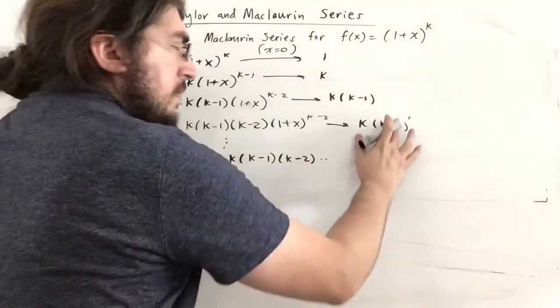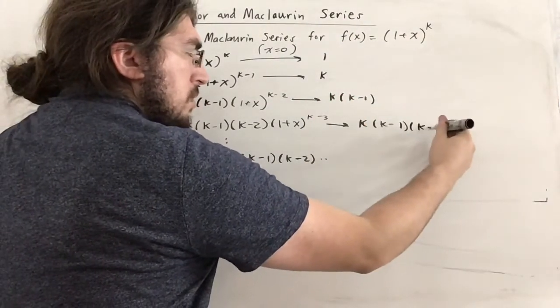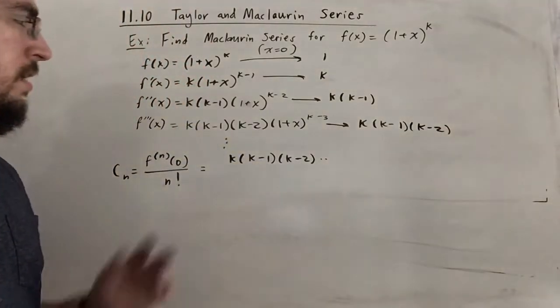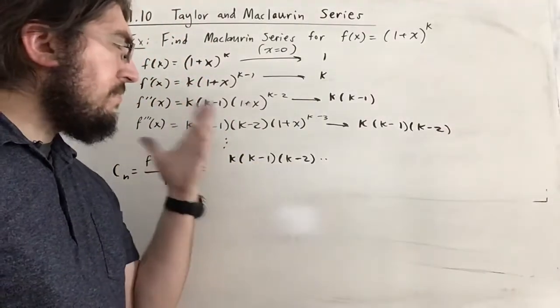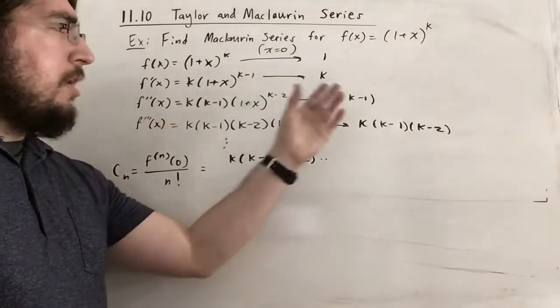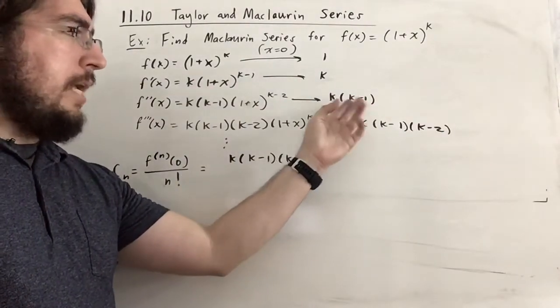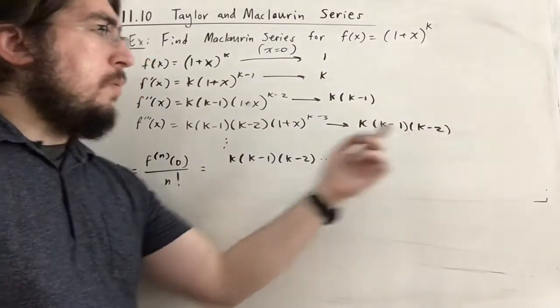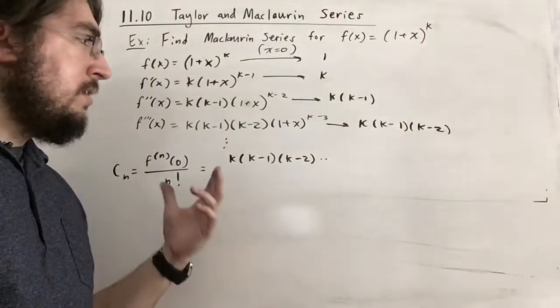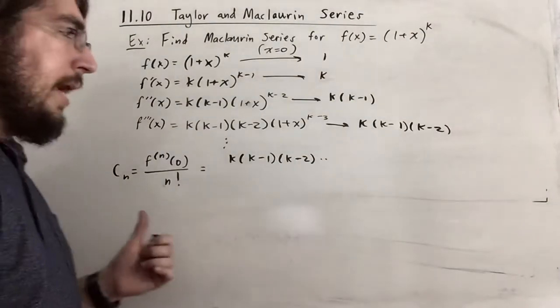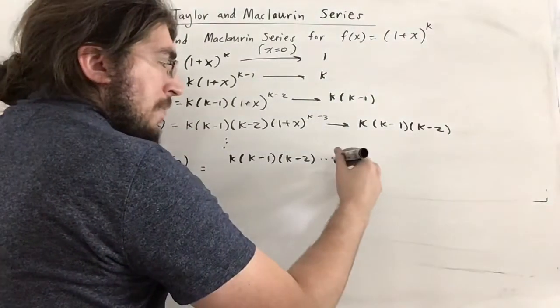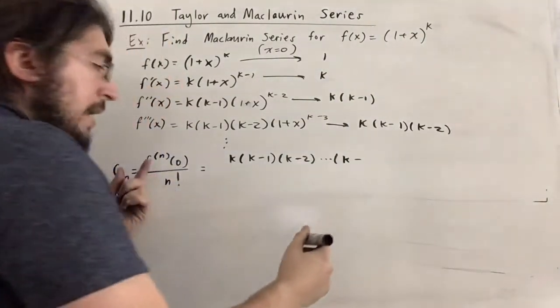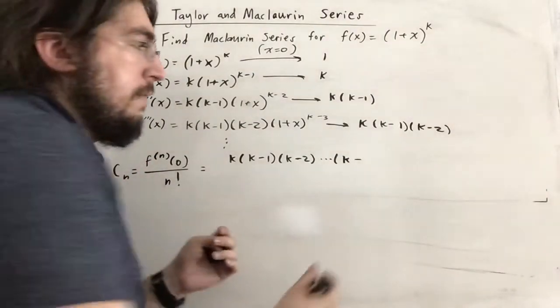This, by the way, should have been k minus 1, k minus 2. I made a mistake there when I wrote that because of these three, okay? Now, like I said, here we stop at k minus 1, but we were at second derivative. Here we stopped at k minus 2, but we were at the third derivative. So here we're going to stop at, well, k minus n, but plus 1, basically.